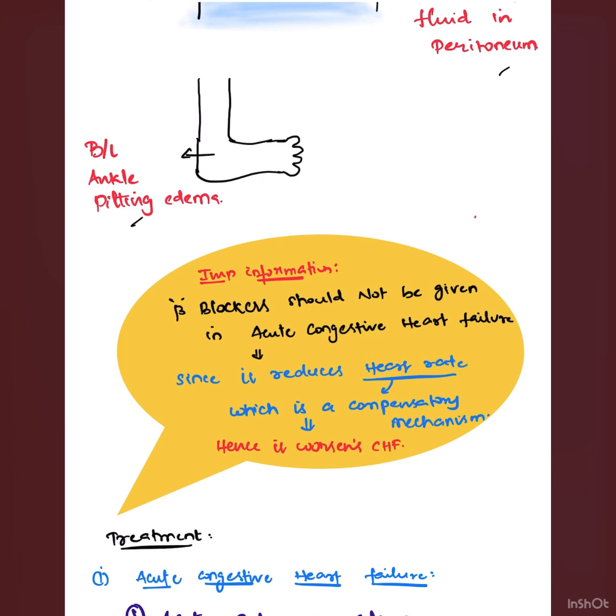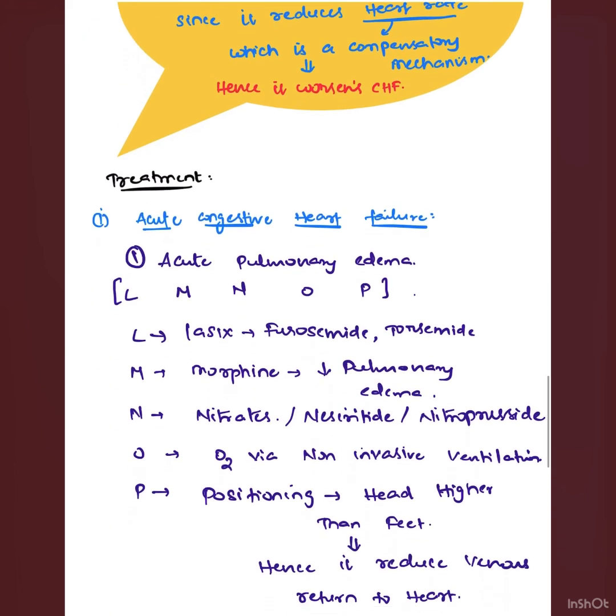In acute congestive heart failure, tachycardia is one of the main compensatory mechanisms for maintaining myocardial oxygen demand, and for blood supply to the peripheries. So if beta blockers are given, this acute compensation mechanism will be affected.